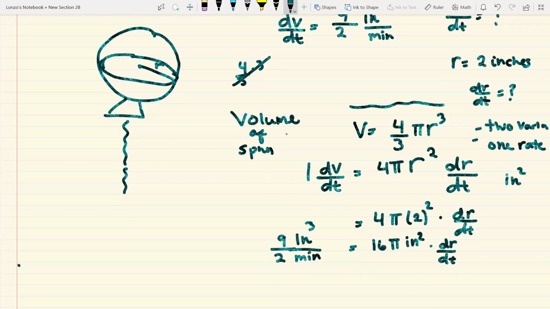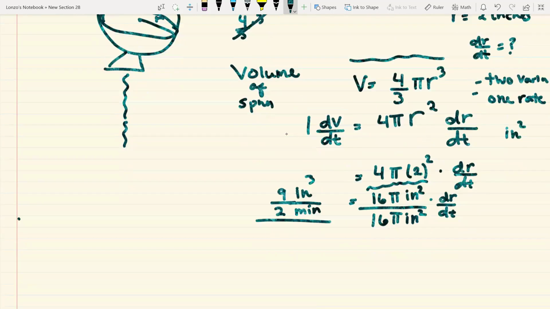So I have to basically get rid of this whole thing, 16 pi inches squared. How would I do so? I would just divide it by itself, that's the only way we'll get rid of it. So divide both sides by 16 pi inches squared. This cancels, so you're just left with dr/dt.